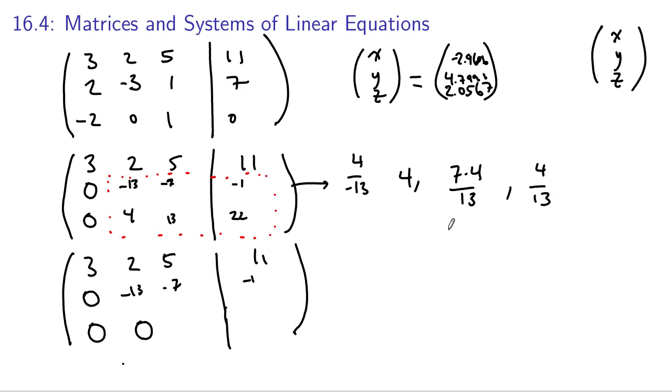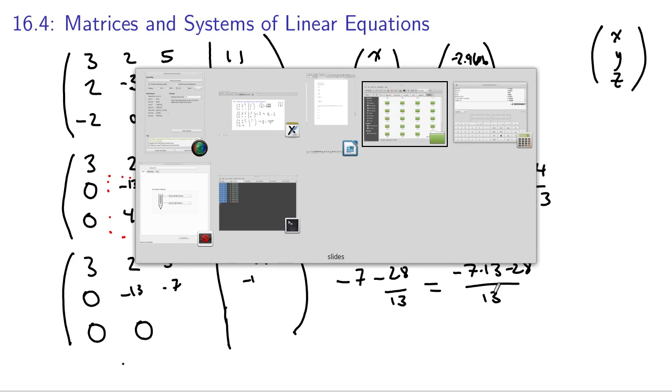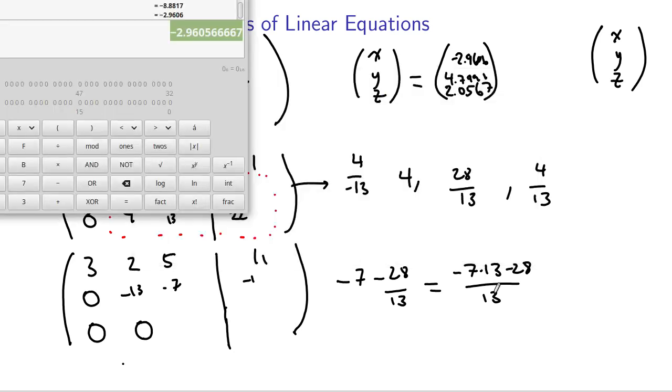So 7 times 4 is 28. So we'd be taking negative 7 and subtracting 28 thirteenths, which would give us negative 7 times 13 minus 28 thirteenths, negative 119 over 13.